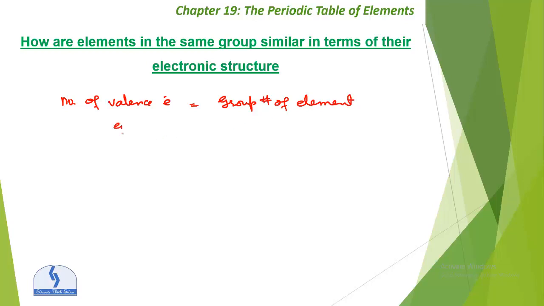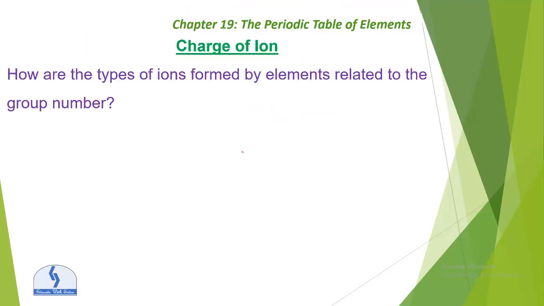Right, for example, group 1 has 1 valence electron, right? Group 4 has 4 valence electrons, right? And so on. Elements with the same number of valence electrons have the same chemical properties, meaning the same group has the same chemical properties, right? Now next is charge of ion.